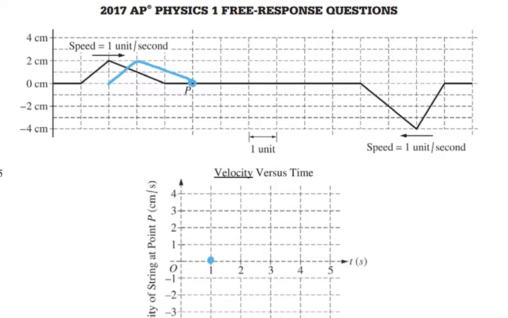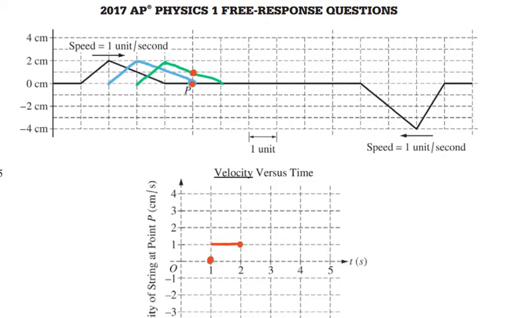Then in another second, I have the wave in this position, and point P is going to be at this position. So point P moves 1 centimeter up in 1 second. It went from 0 meters per second to 1 meter per second by 2 seconds, so it just jumped to 1 meter per second.